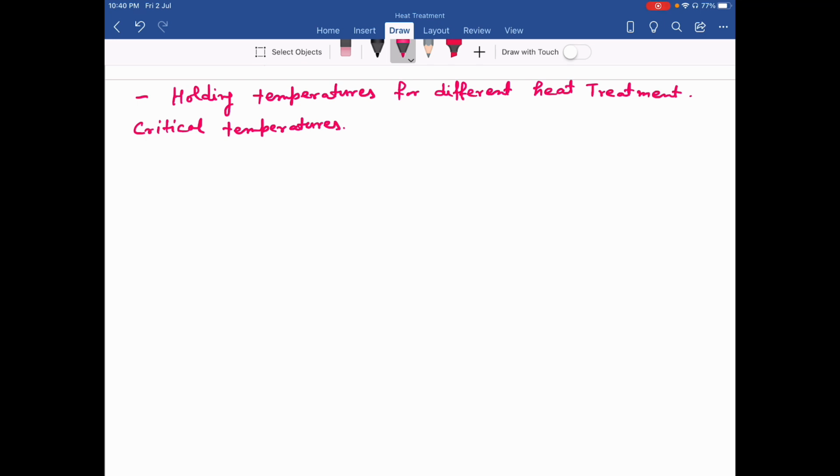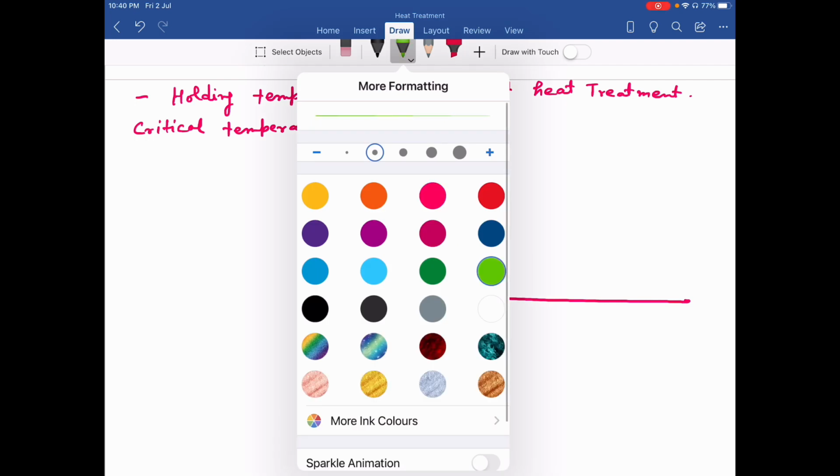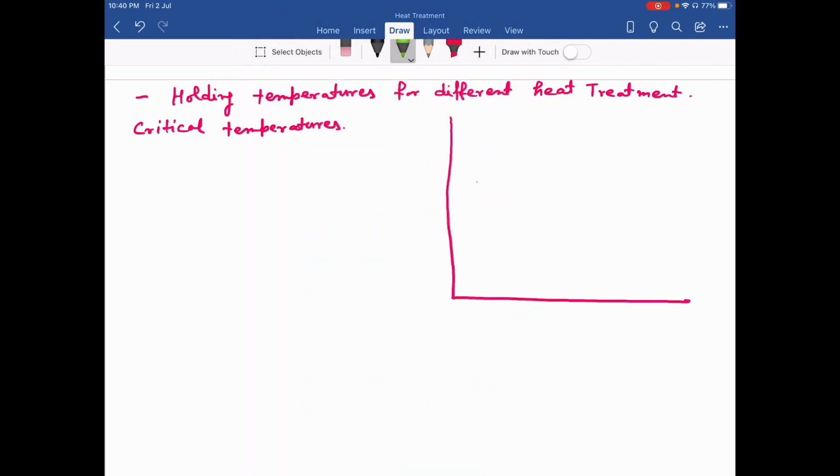Now from the iron carbon diagram, we have eutectoid temperature. So that is something like this. Okay, so this is my A1.